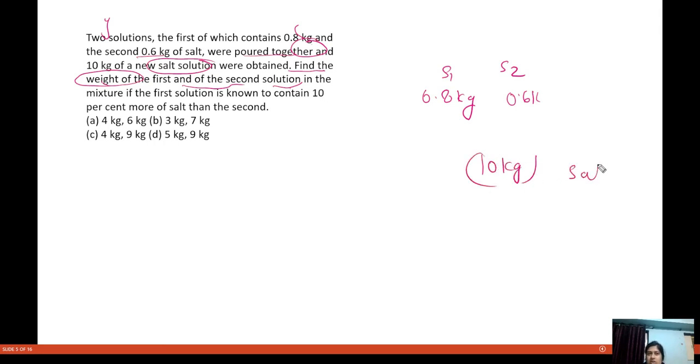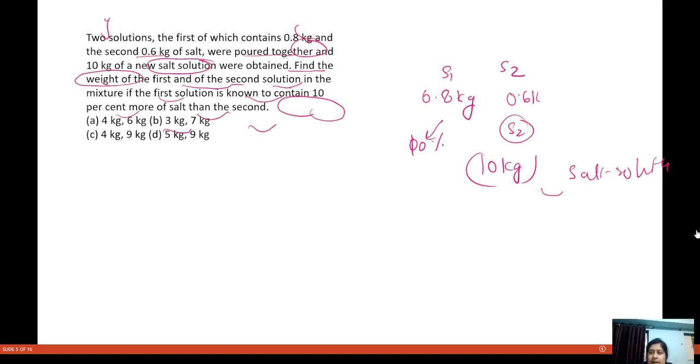Find the weight of the first and the second solution in the mixture, if the first solution contains 10% more salt than the second.